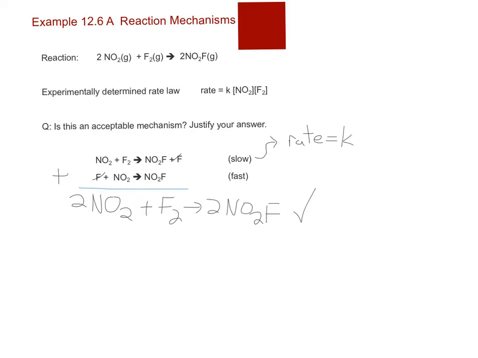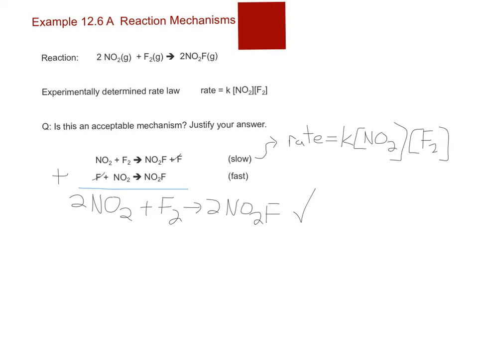K, and then it's my reactants, and it's just whatever coefficients they are, because mechanism steps tell me how they collide. Those are both to the first power in the slow step. So NO2 to the first power, F2 to the first power. Since this is a mechanism, it's telling me that these two things collide with one another. That's really what the order is that we're talking about here. So rate = k[NO2][F2].